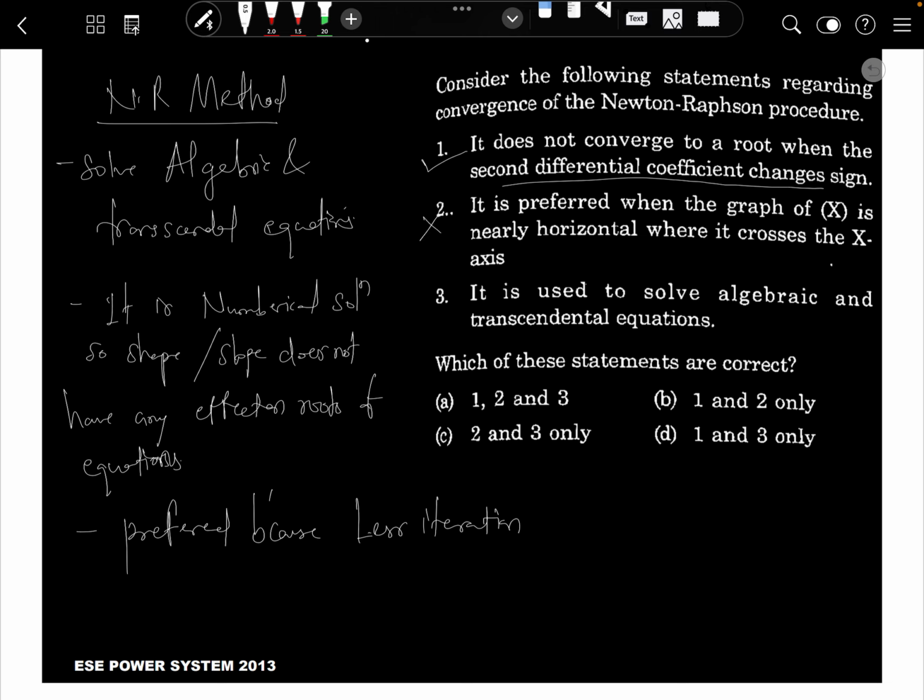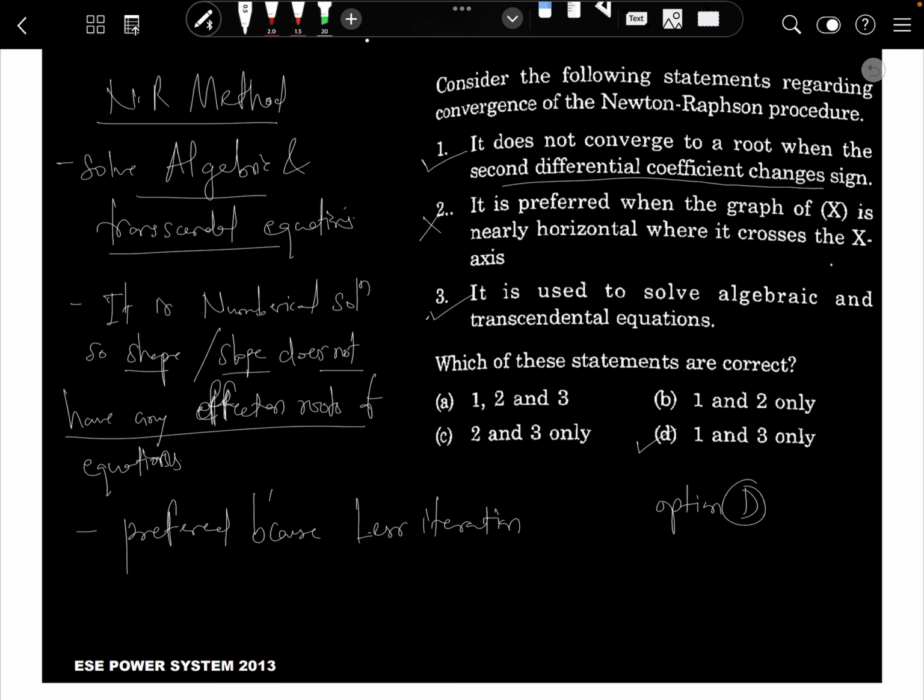I write shape and slope does not have any effect on roots of equation. And the third is, it is used to solve algebraic and transcendental equations, which I also mentioned. So option 2, meaning 1 and 3, is correct. Option D is correct here.